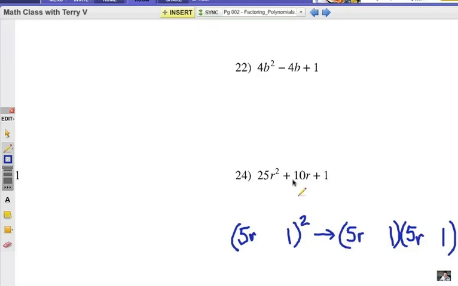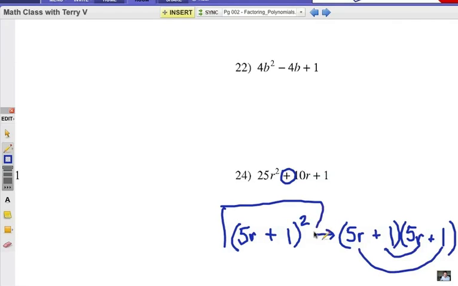Then we copy the sign of the middle term. So 5r plus 1 quantity squared. To double check that the middle term is going to work out, remember that that is 5r and 5r added together, which gives you positive 10r. So my official factored answer, since it's a perfect square trinomial, is factored like that.